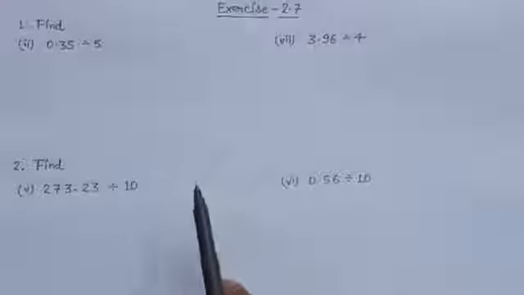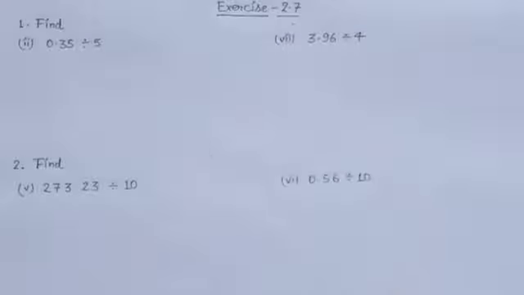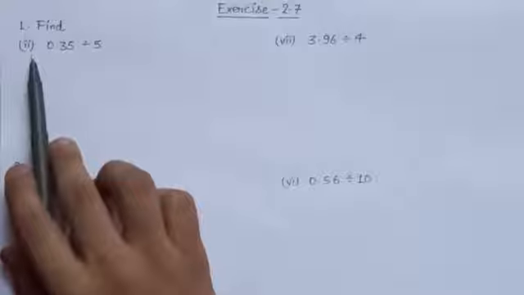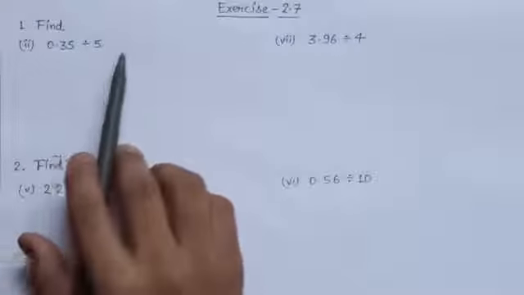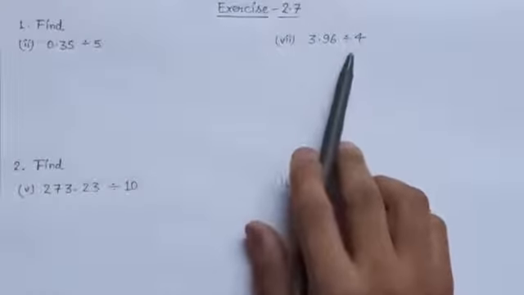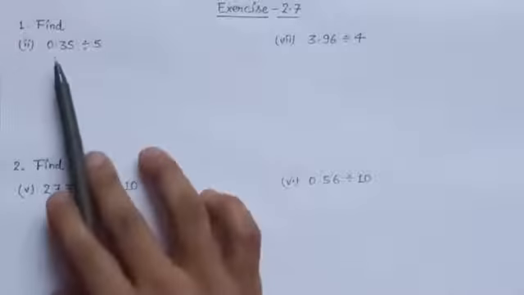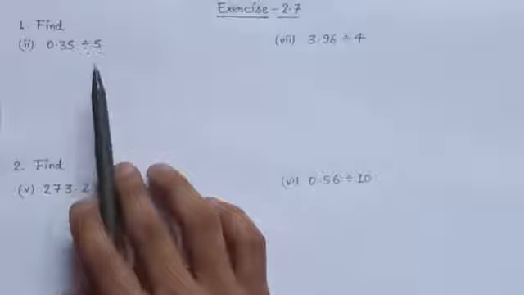Now students, we will solve exercise 2.7 which is based on division of decimals. So our first question is find, and we have here two parts, 0.35 divided by 5 and 3.96 divided by 4. So from these questions it is clear that we have to divide a given decimal by a whole number.